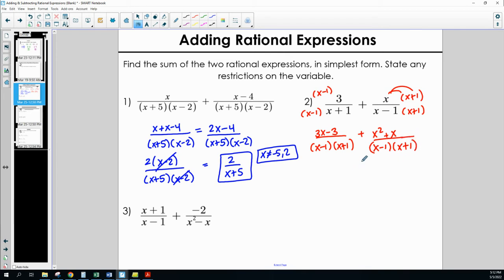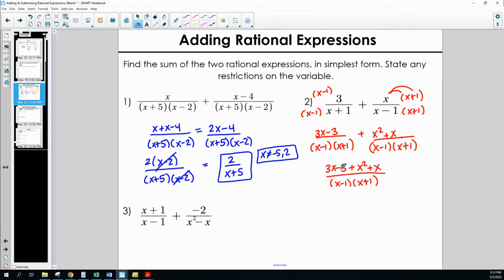Okay, so now that we have our two fractions set up and they have a common denominator, now we're going to smush the tops together. So this is going to be 3x minus 3 plus x squared plus x over x minus 1, x plus 1.